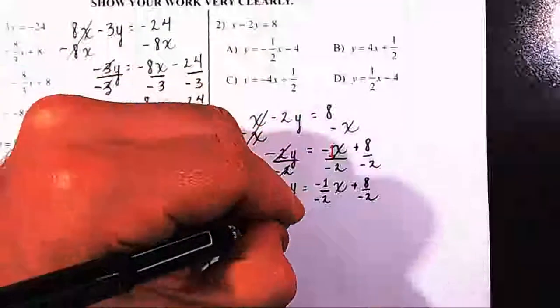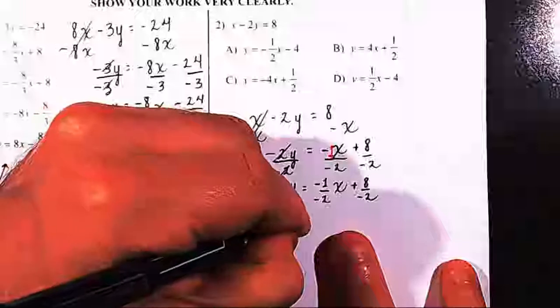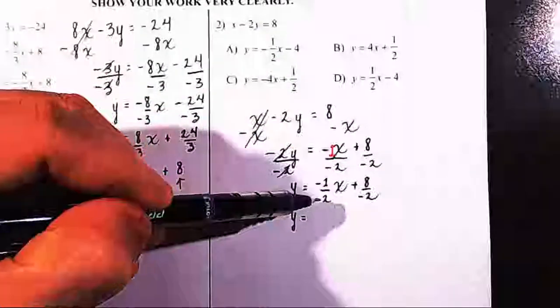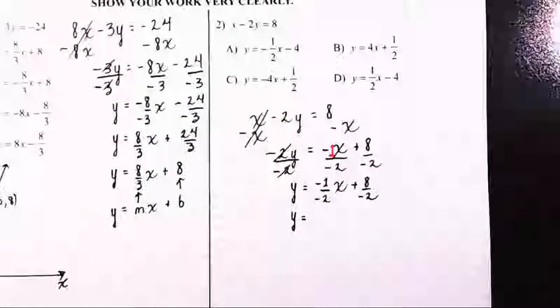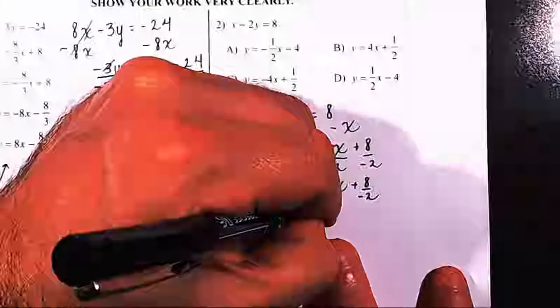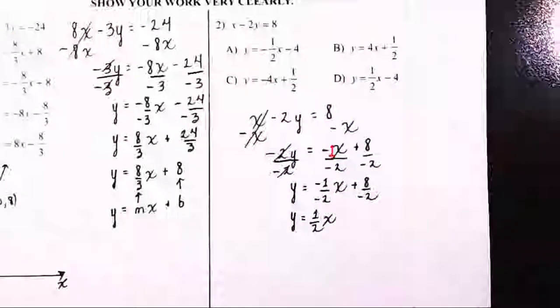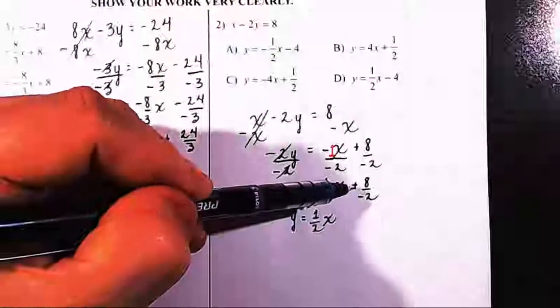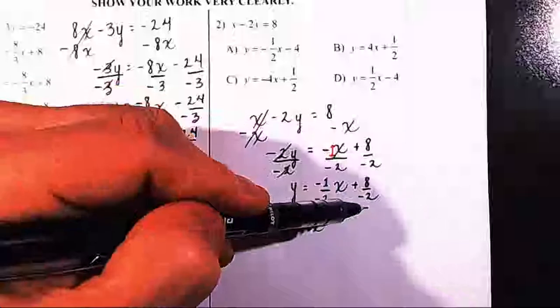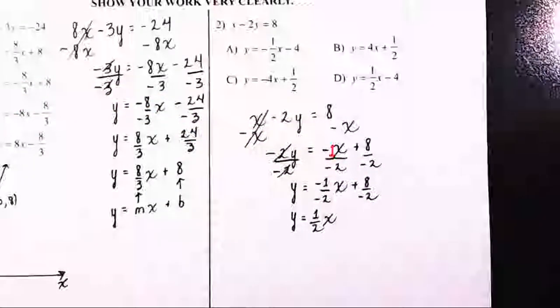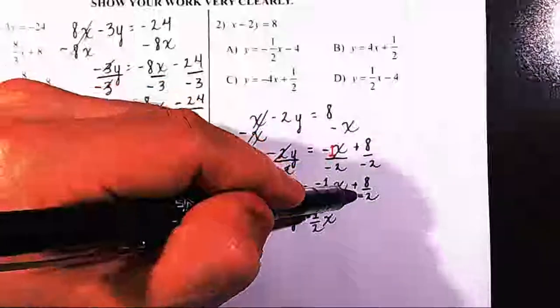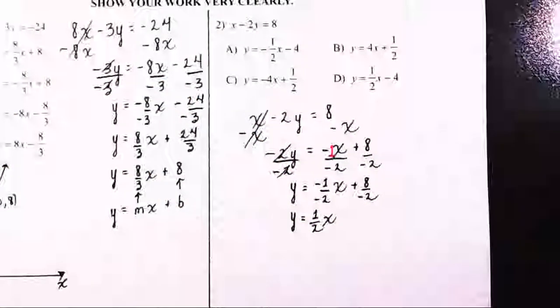So now we'll continue. Y equals, now look at that, I've got a negative 1 over a negative 2. The negative signs cancel each other out, which leaves 1 over 2x, or 1/2 x. And now here I have a positive divided by a negative. Okay, so what we're going to end up with is a negative, because a positive divided by a negative, the negative is going to win this battle.